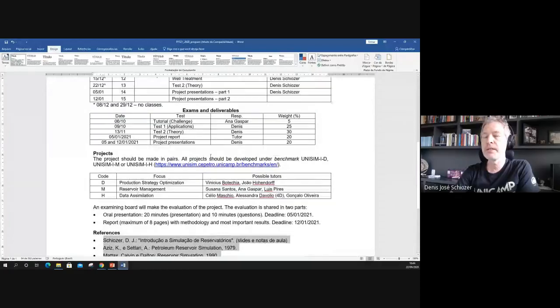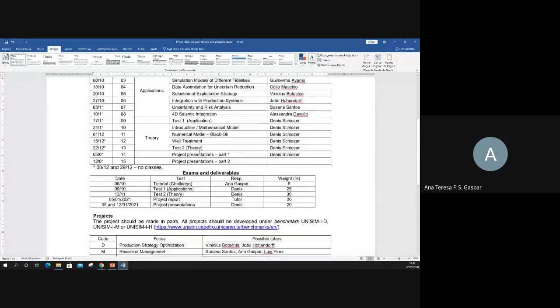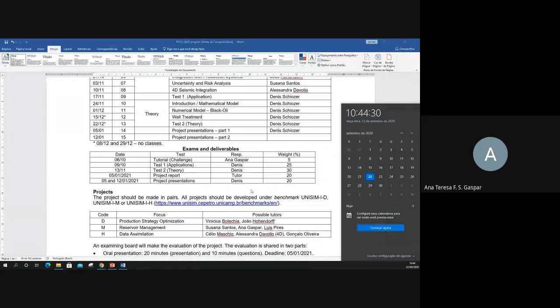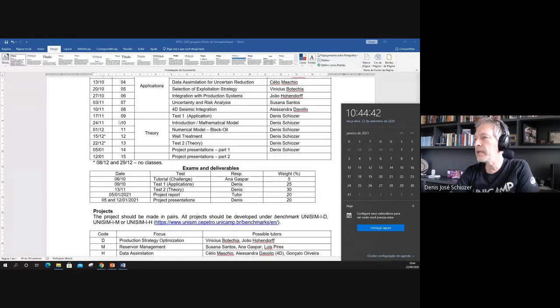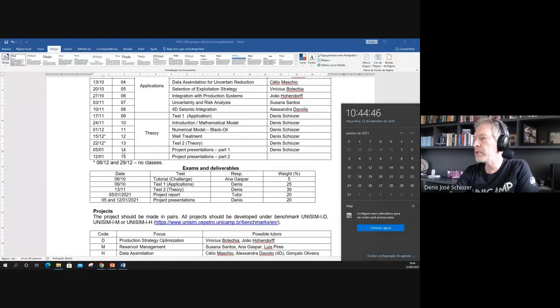Dennis: I'm afraid the dates for tests 1 and 2 from both tables are different. Which tables are you saying?